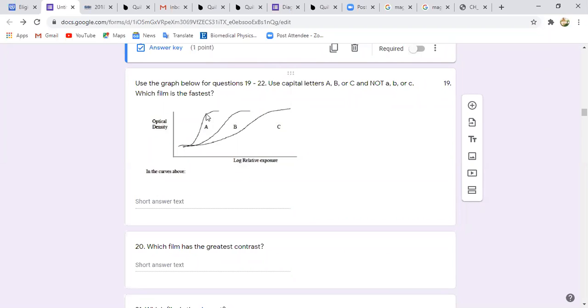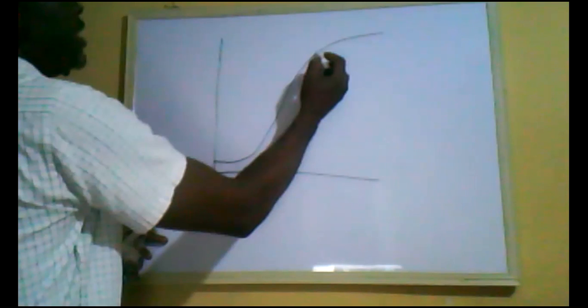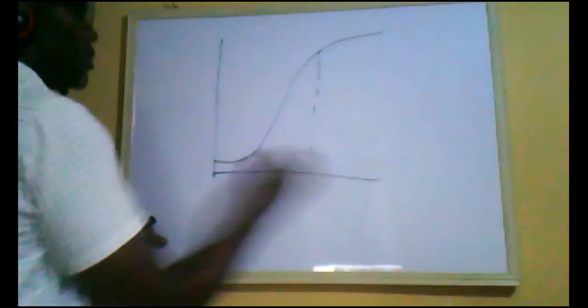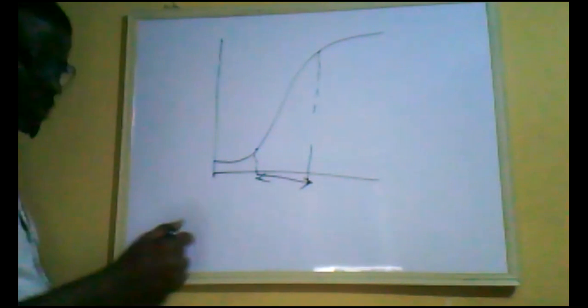Okay, let me share this on the whiteboard. The latitude has to do with this linear region, assuming these are linear regions. This is the latitude, the range of exposure for which the film can be used.